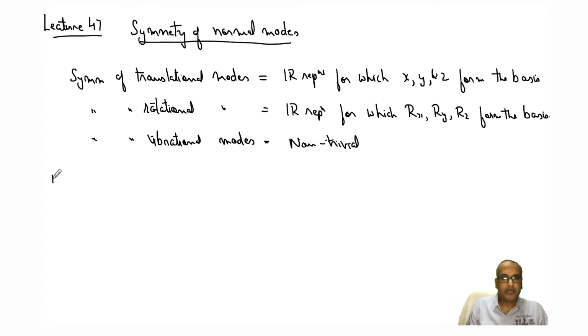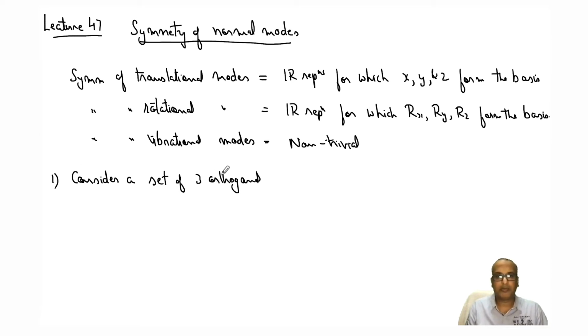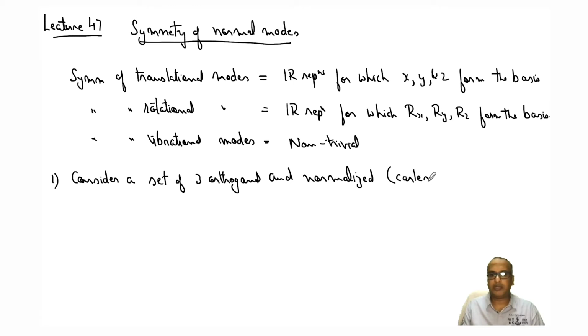So first of all, let us go step by step. So consider a set of three orthogonal and normalized, that is Cartesian coordinates, normalized vectors centered on each atom.